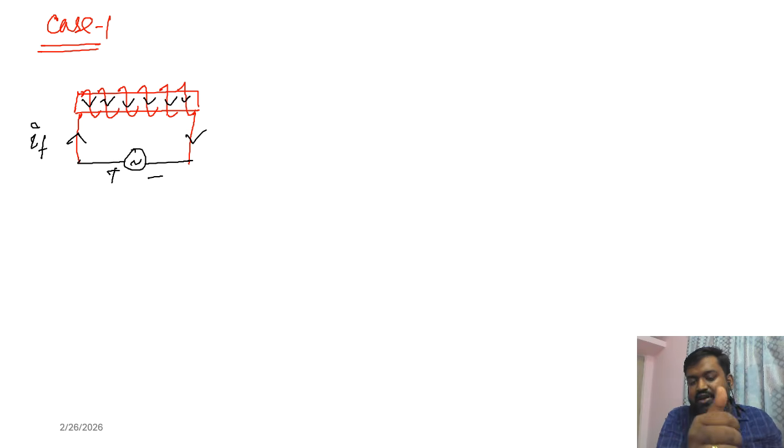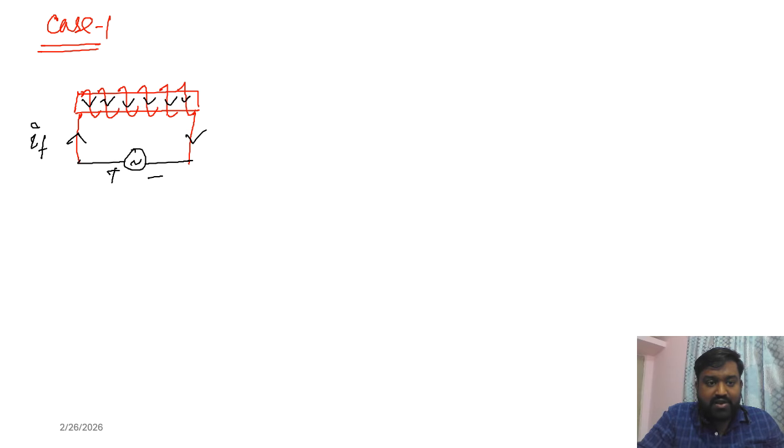Put your curled fingers across this magnet. The current is coming outside, then going around. The thumb points to the right, which means the magnetic lines will flow from left to right.